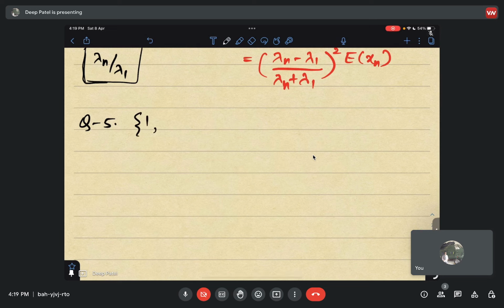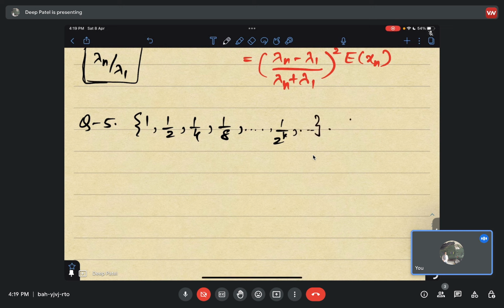Okay, so the next question says that I have a sequence which is basically geometric, 1 by 2 to the k, and the question is, what is the rate of convergence?